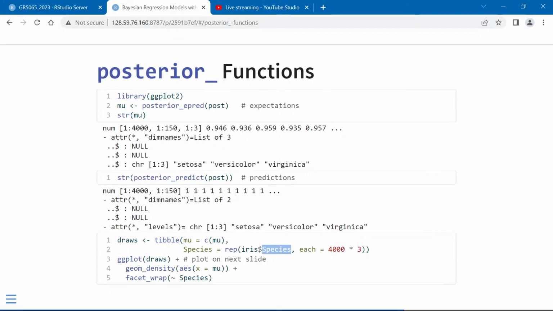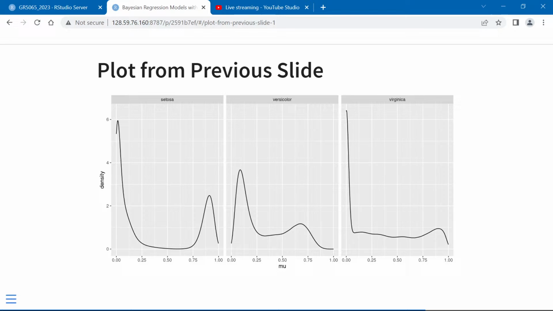For any row in column, you'll have 3 numbers, and those 3 numbers are all positive, and they add up to 1. They are respectively the probability of being setosa, the probability of being versicolor, and the probability of being virginica. And because those are the only 3 possibilities being considered here, those add up to 1.